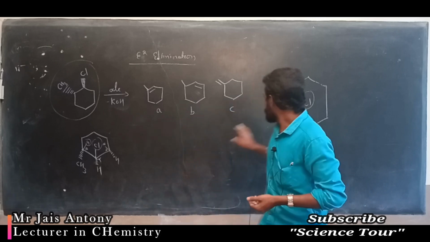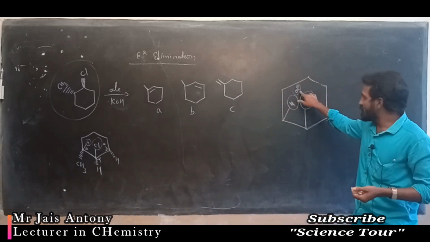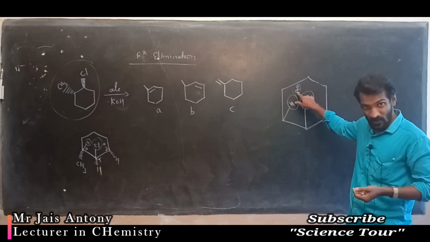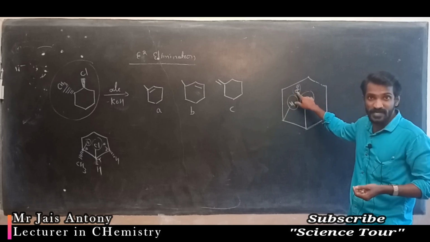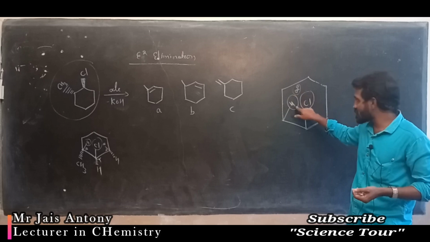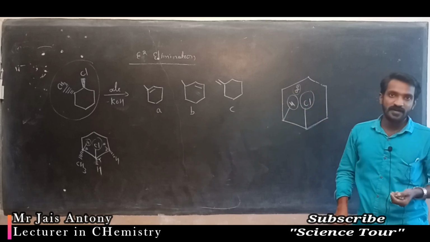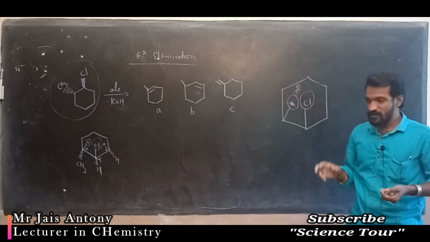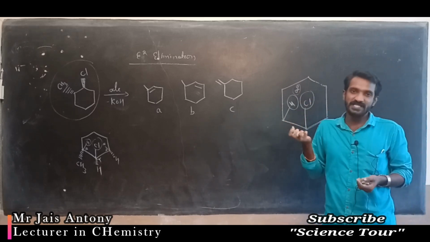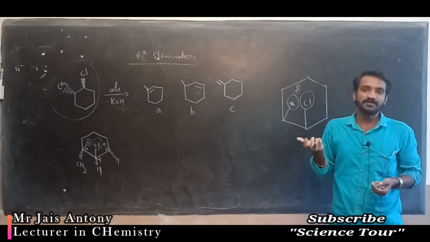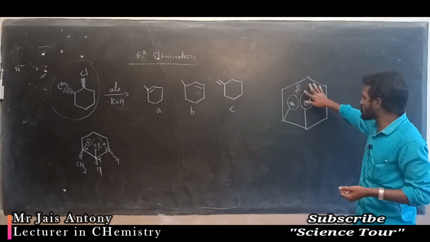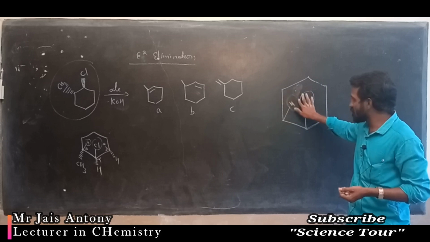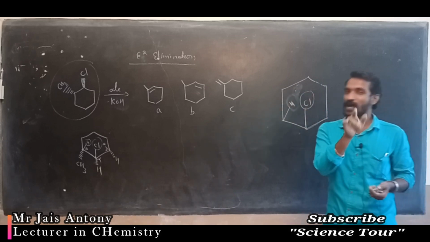Here chlorine is electronegative, and its electron cloud will not allow the OH minus electron cloud to enter. So if this OH base wants to abstract that H, because of electron cloud repulsion it cannot come here, so removing the same-plane hydrogen is not possible.